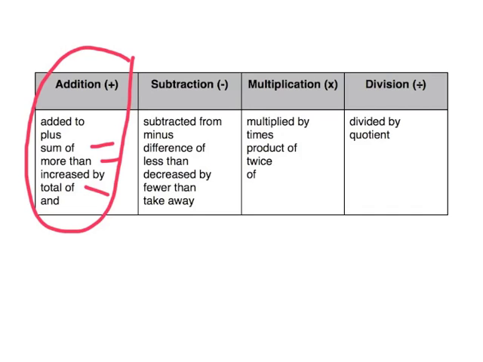Subtraction has a lot of keywords like difference, decreased by. Multiplication is times, product, twice. Specifically, twice means 2 times something. And there's also words for division, divided by, quotient, share equally. Once you get the hang of it, you won't need a table, but until you get really good at it, you might want to have a table of keywords that remind you of what operation you need to do.